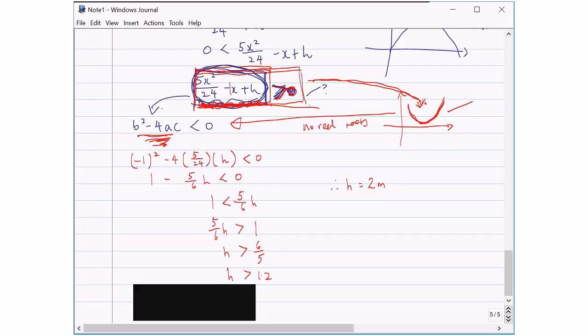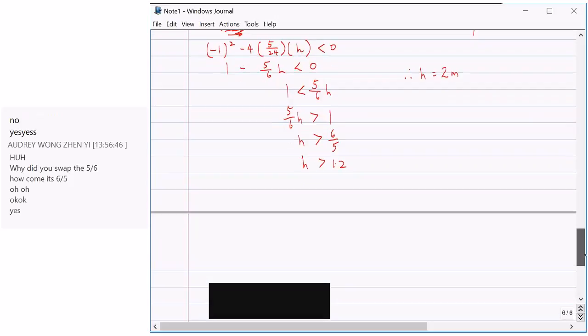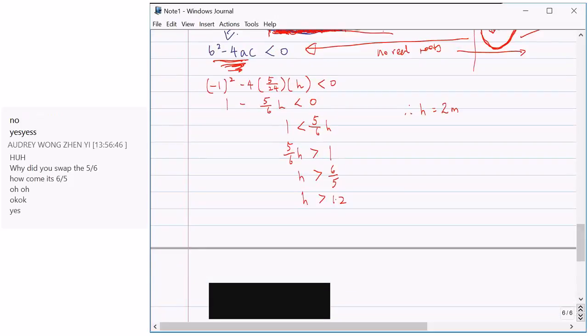Okay? Is it okay? This question 24b. 24c, actually, I also don't know what the question is asking me for. So I went to ask the module coordinator. Her answer is just to say that part A's inequality is in terms of x.